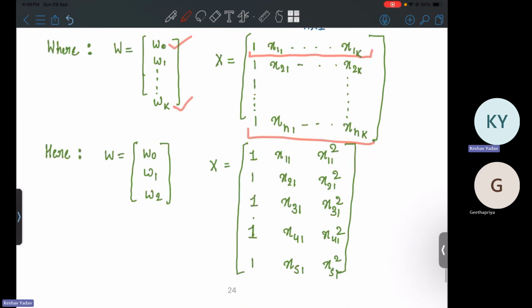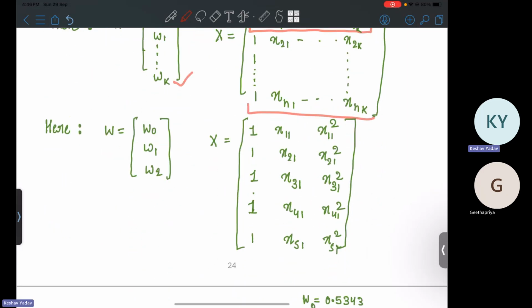Okay. So here in our case, W will be W0, W1, W2. X will be 1, X11, and X11 square. Similarly, for the second data point, we'll have 1, X21, X21 square. 1, X31, X31 square. 1, X41, X41 square. 1, X51, X51 square.